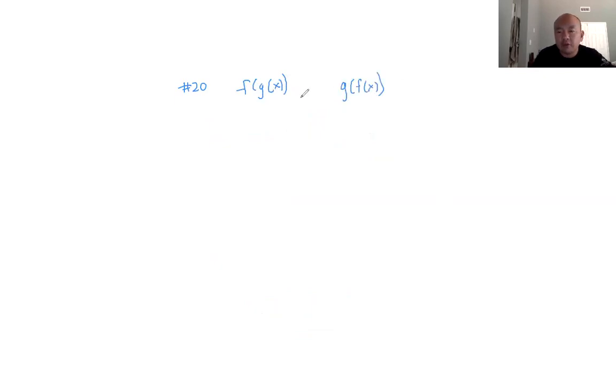If you evaluate both composite functions and they both equal x, they are inverses of one another. So for number 20, we have f of x equals 5x plus 2, and g of x is equal to x minus 2 over 5.